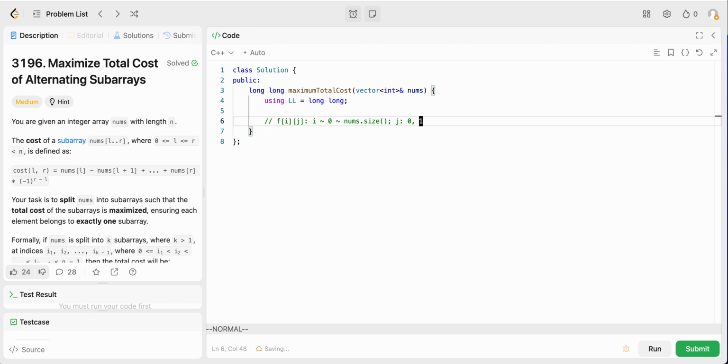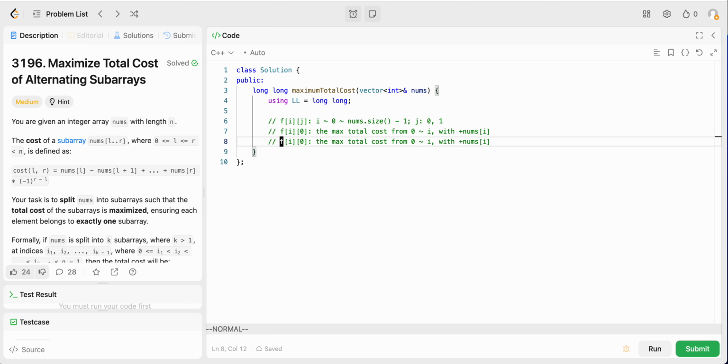So i goes up to nums size minus 1. f[i][0] means the max total cost from 0 to position i, with nums i having a positive sign before it.